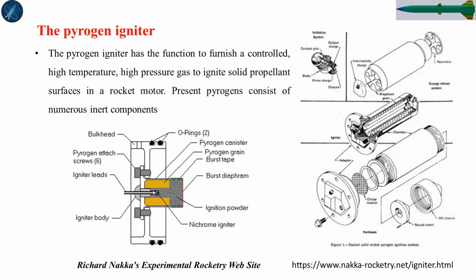What you can see here are pyrogen attachments, attachment screws, igniter leads, nichrome wire, and ignition powder. Again, there is a burst diaphragm, a burst tape, and O-rings, the sealing materials. The bulkhead is here. These are all the constituent parts of the pyrogen igniter.